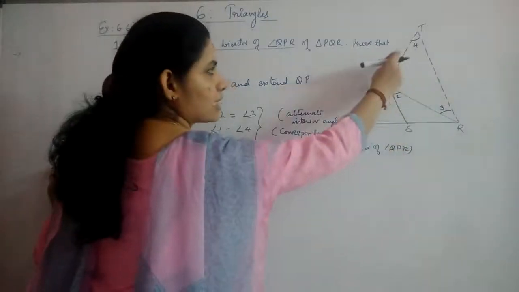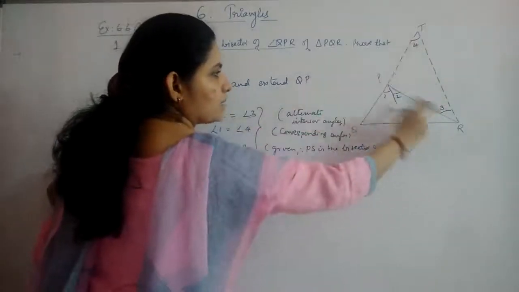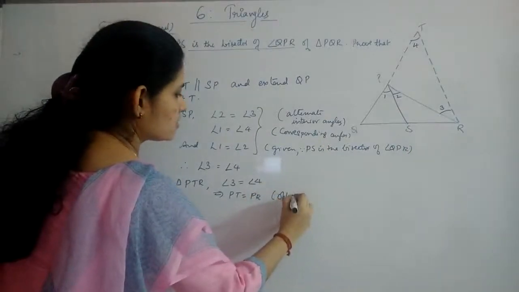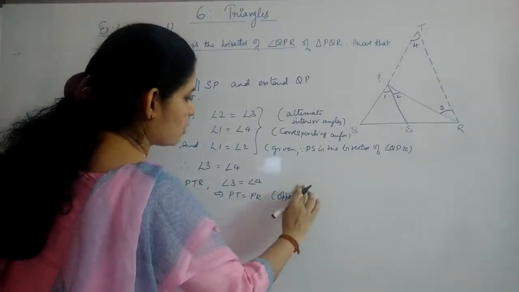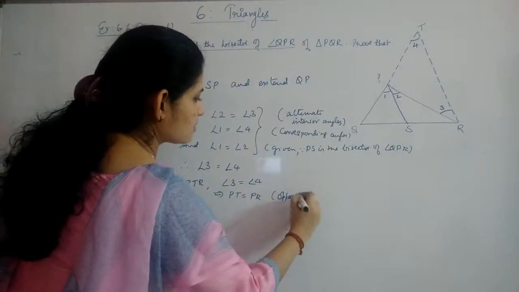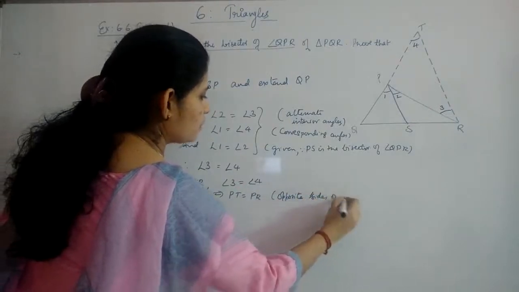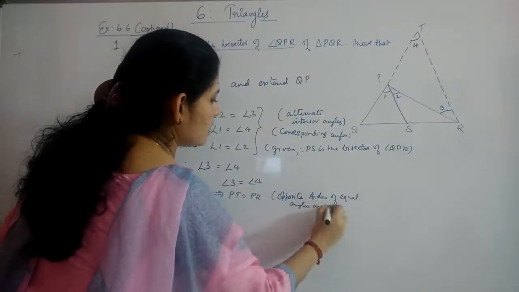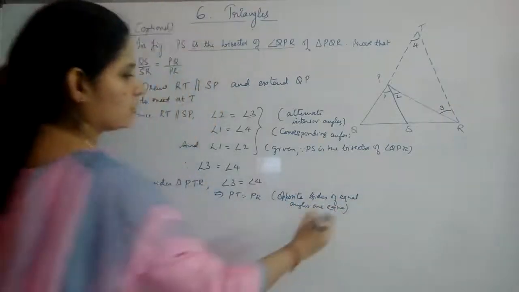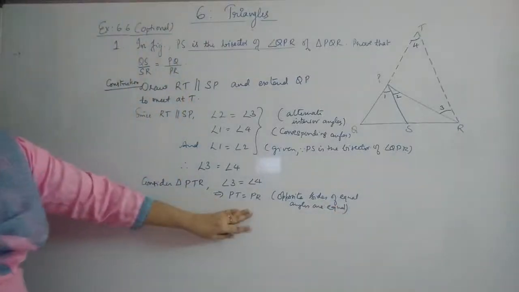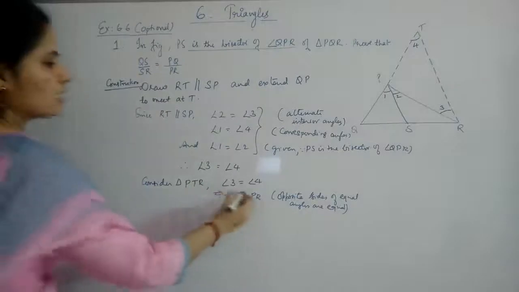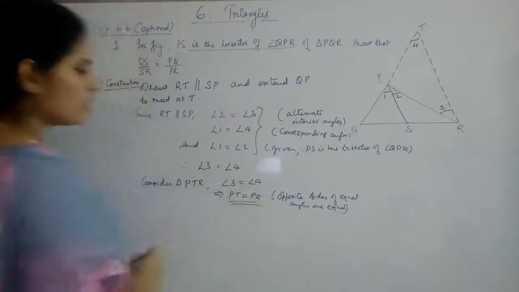Angle 3 opposite side is PT and angle 4 opposite side is PR. So PT equal to PR, because the sides opposite to equal angles are equal. PTR will be an isosceles triangle. Okay, so this much you got, let it be here. We will use it later.